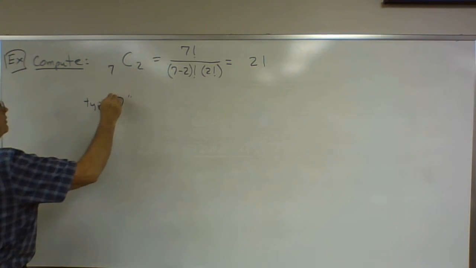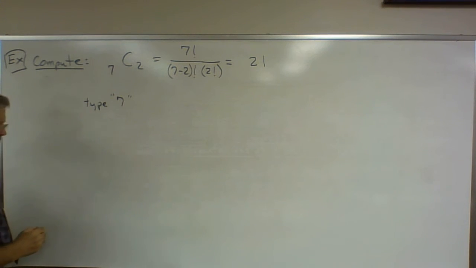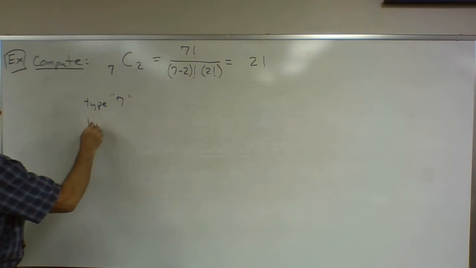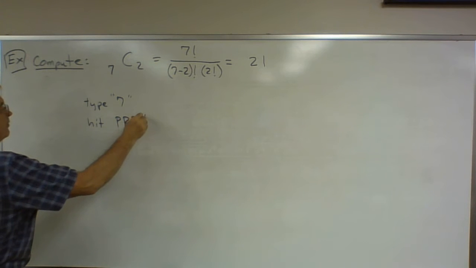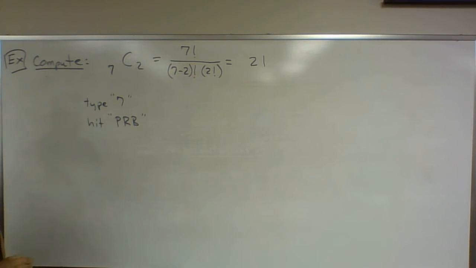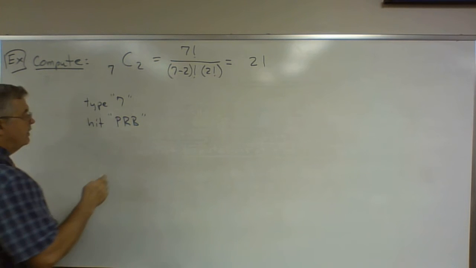we type 7. And then we'd hit this key, the probability key on the calculator. And here's what we're going to see.